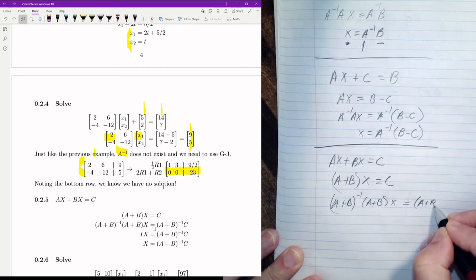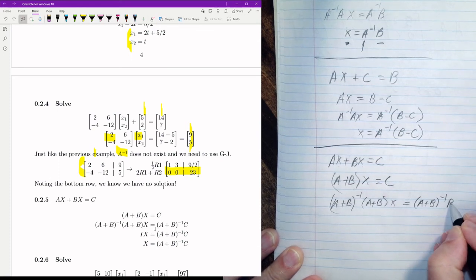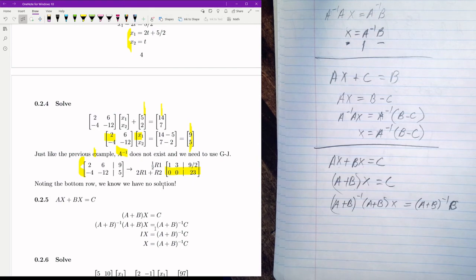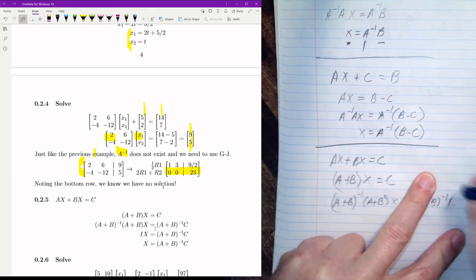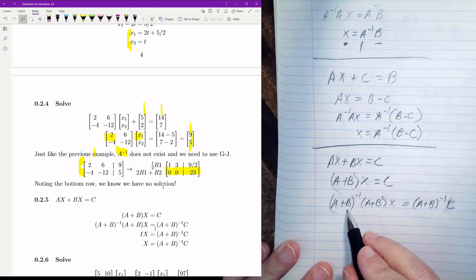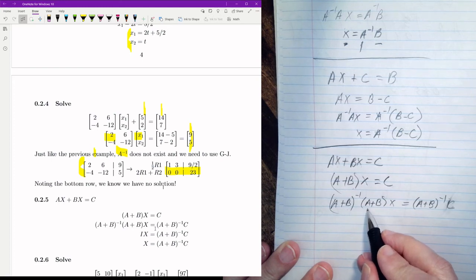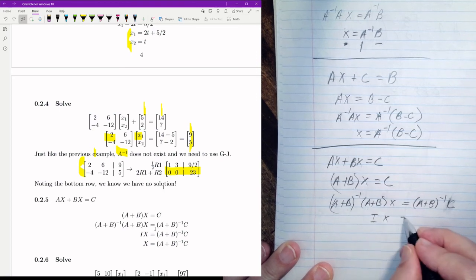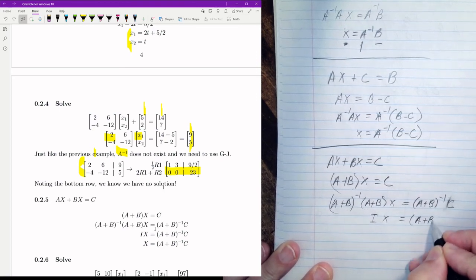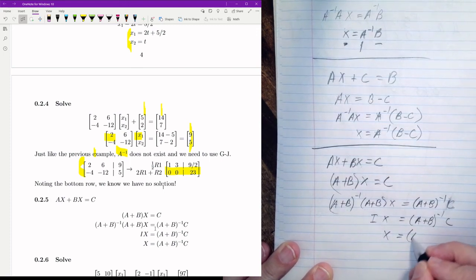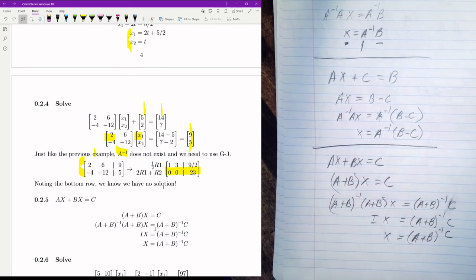A plus B inverse C. An inverse matrix times its inverse. A matrix times its inverse is equal to I. So we have Ix equals A plus B inverse C, which is x equals A plus B inverse C. And that is the solution to that one.